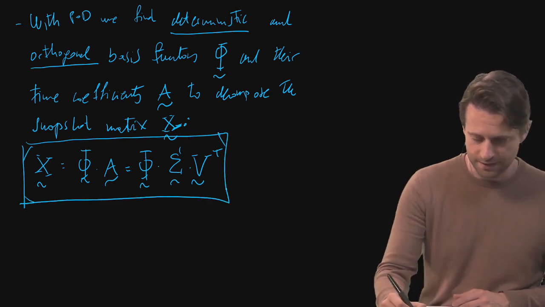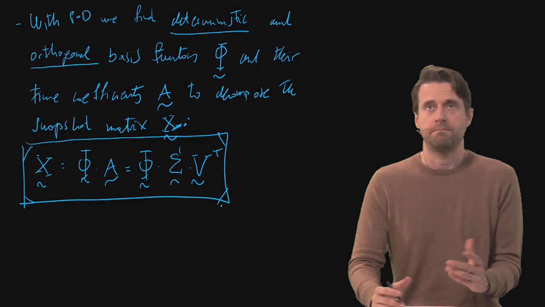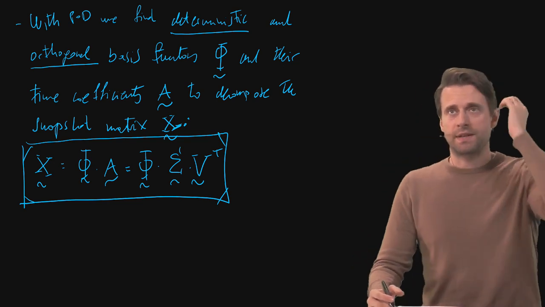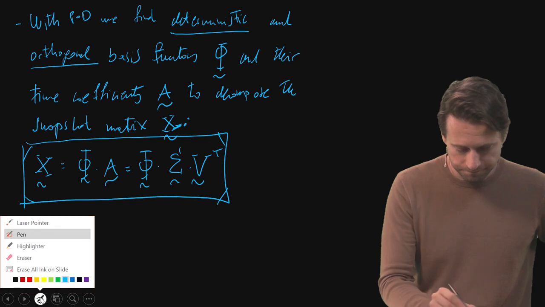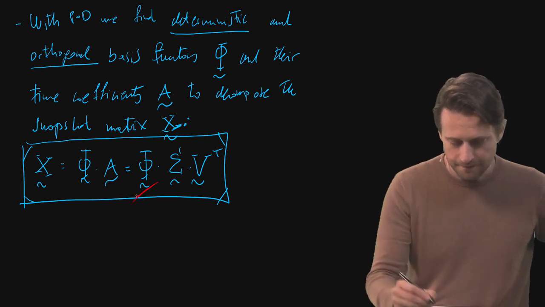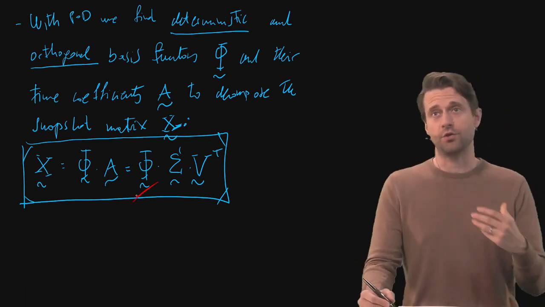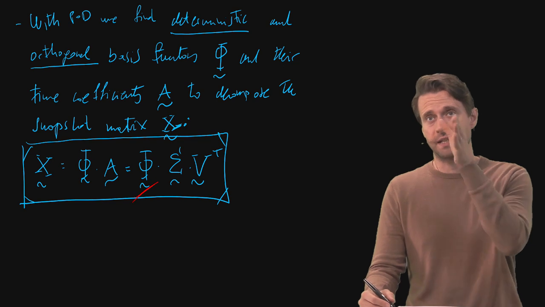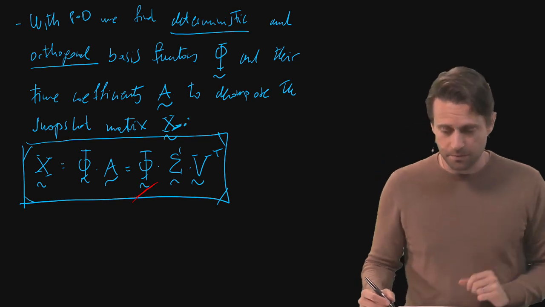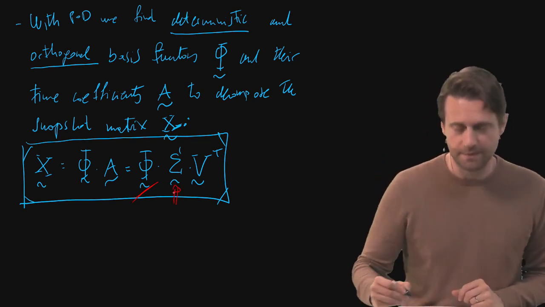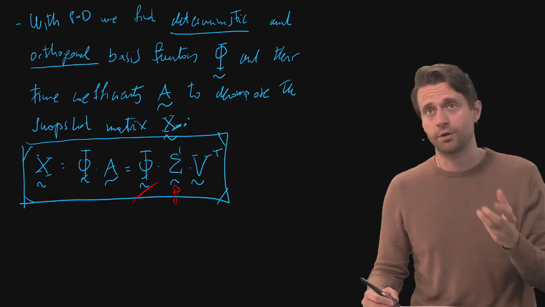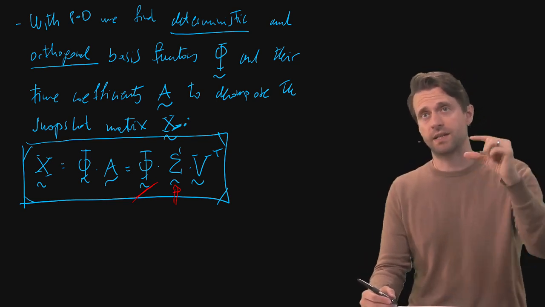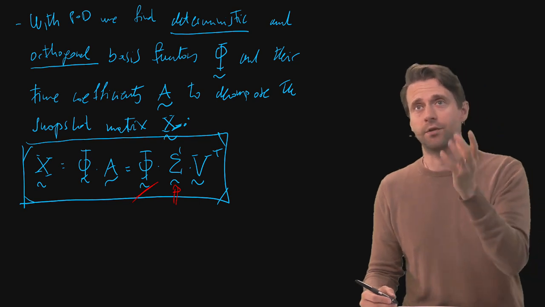And of course, this must look very familiar, right? This is basically the SVD. We have just changed slightly the notation, where this phi, these are the spatial functions that used to be the matrix U, which contains the left singular vectors. Then what we have is this matrix sigma, which is the matrix containing the singular values. Those are basically measuring the scaling up and down of the coefficients.